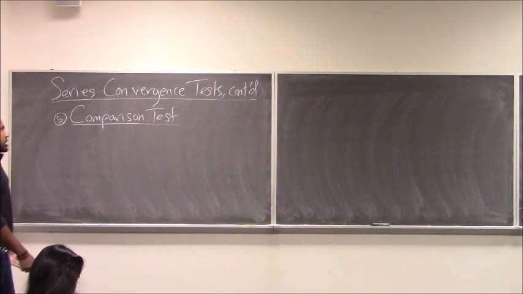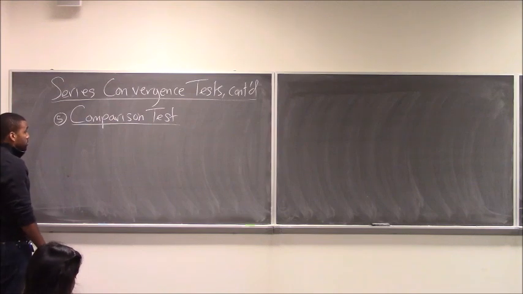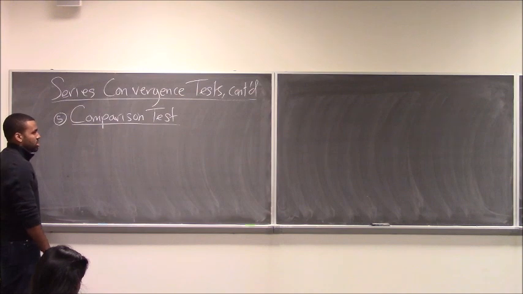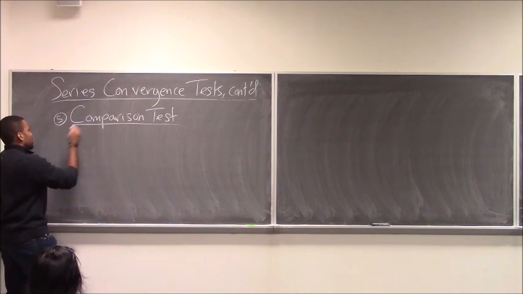And it turns out, again, in a very similar way that we can compare improper integrals, the theory holds true for comparing series, infinite series. In fact, you kind of use the integral test to show that this can actually work. So here's the idea.